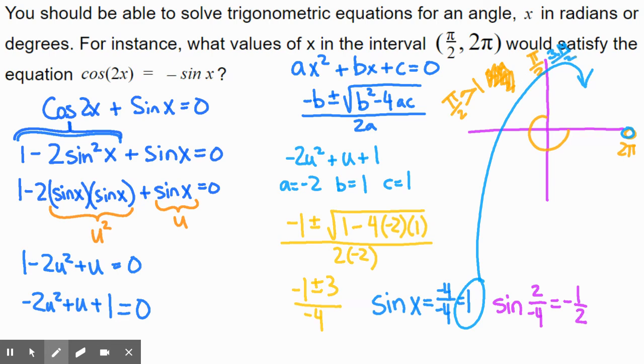So that cannot be the answer. Sine is the y component, and here we have sine is negative 1/2, so it's going to be somewhere down here, because it's negative. So this has to be the only answer you can get.